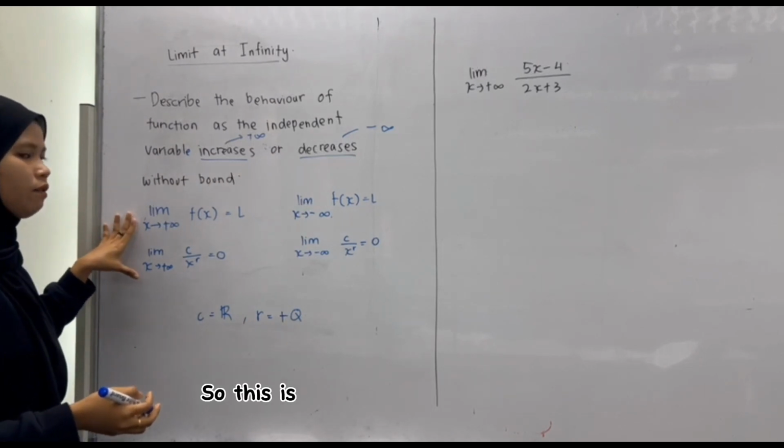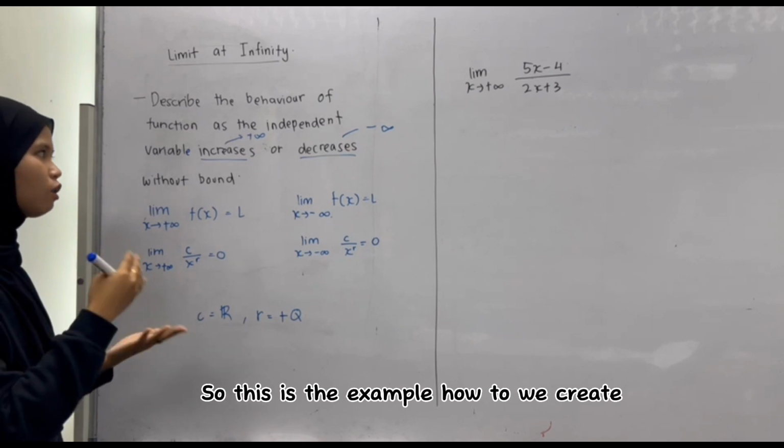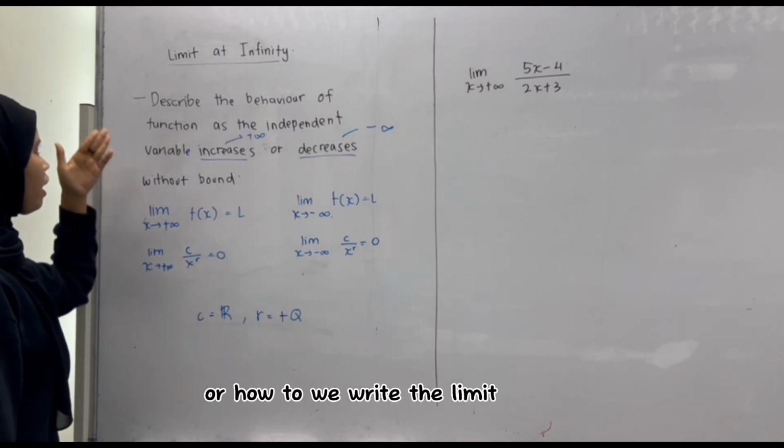So this is the example. How do we write the limit at infinity?